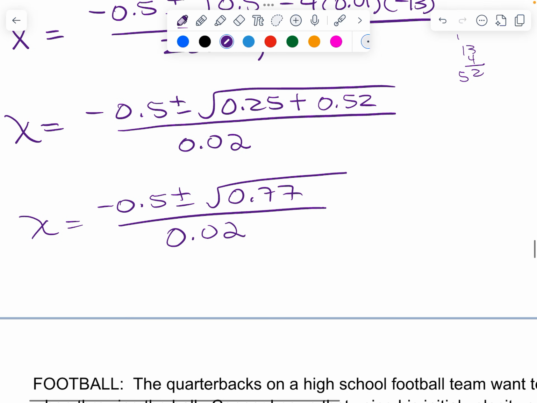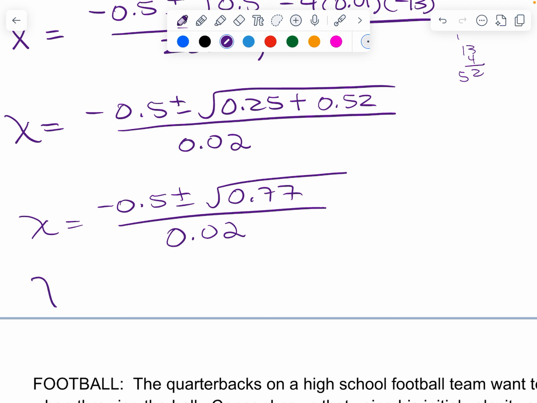Okay, so then you plug it into your calculator. Clear that. We have negative 0.5 plus the square root of 77, close parenthesis, divided by 0.02.